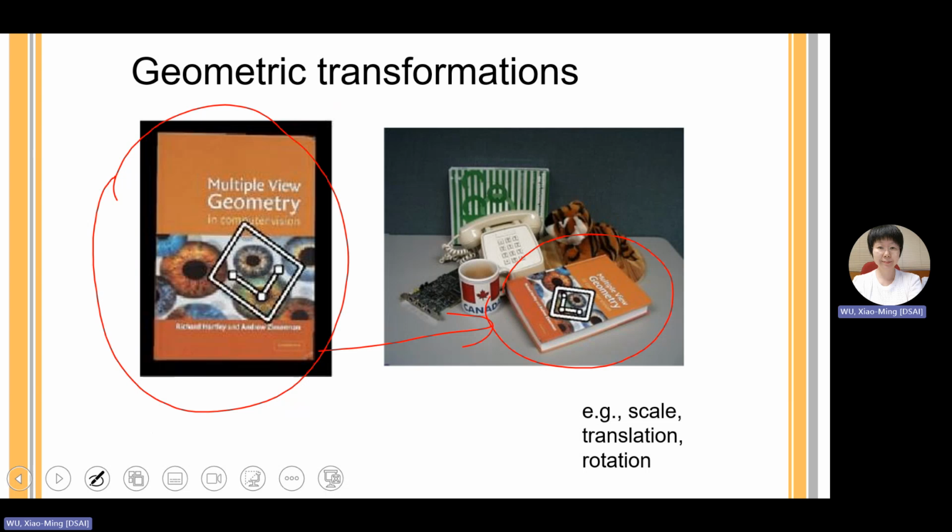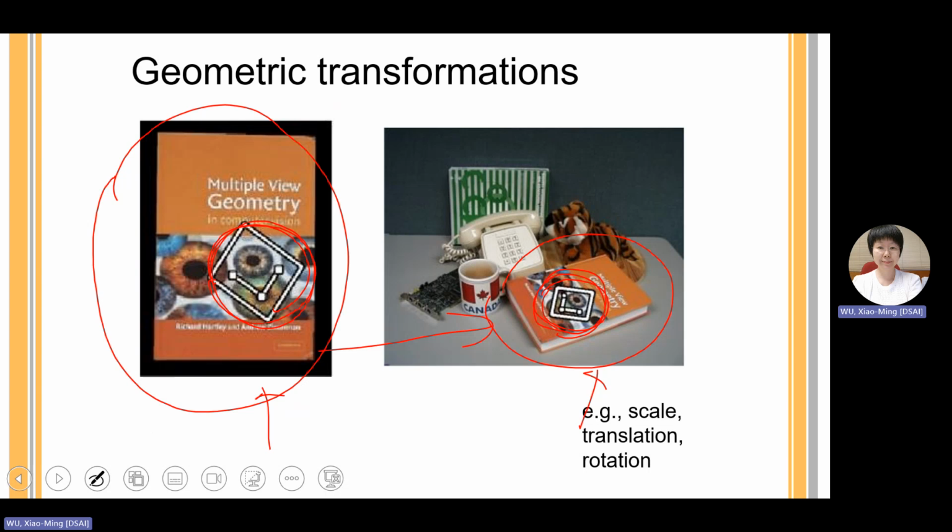What do we mean by robust? For this image patch, it means that we can identify, remember the repeatability we just mentioned, the same feature across different images.